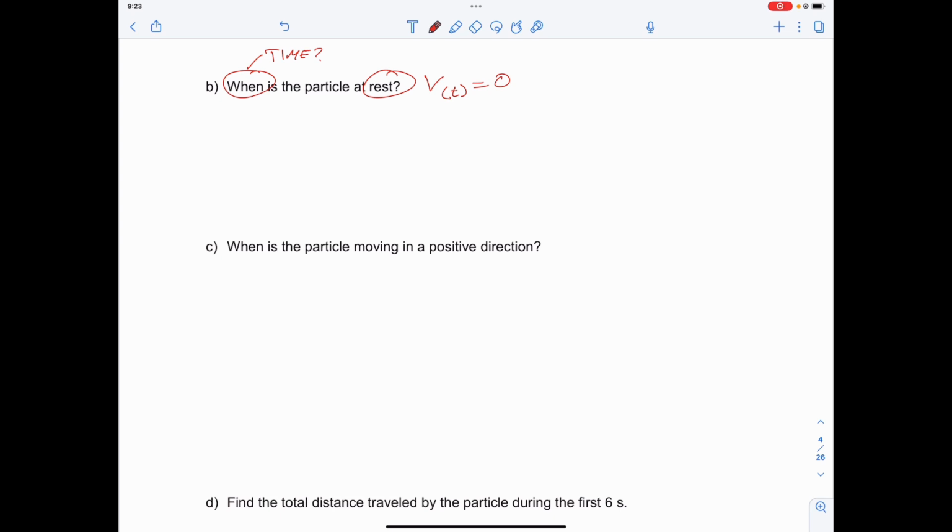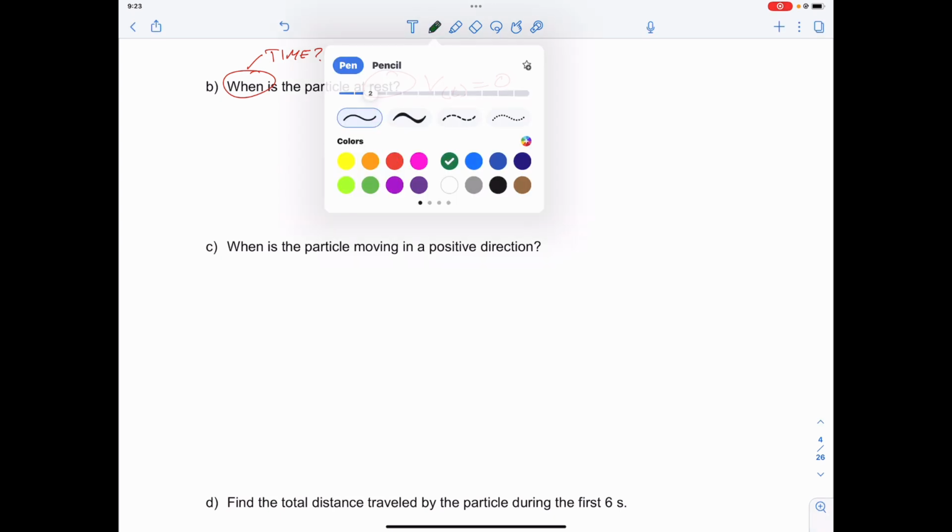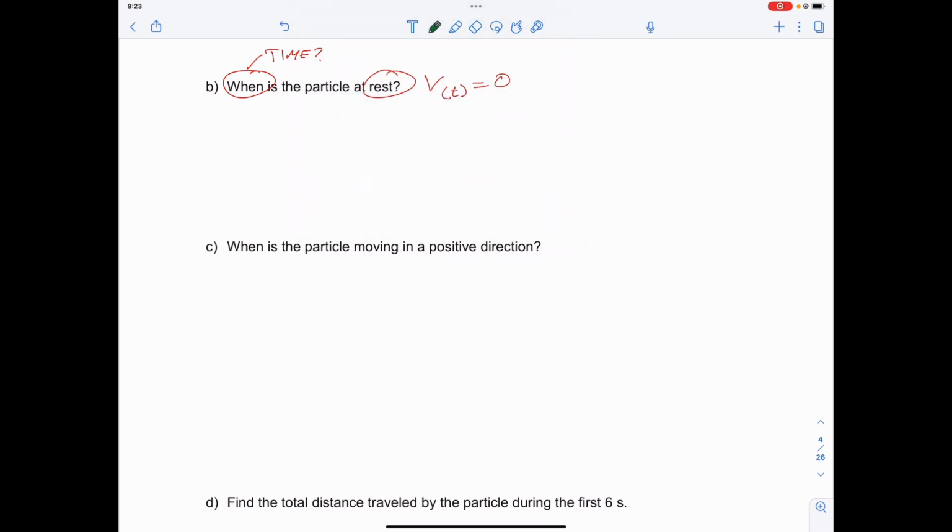So I'm going to say that given this problem, v of t, which we already know is equal to 6t squared minus 42t plus 60, has to equal 0. I'm just going to solve this by factoring.